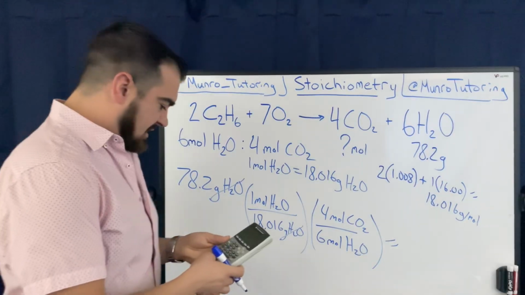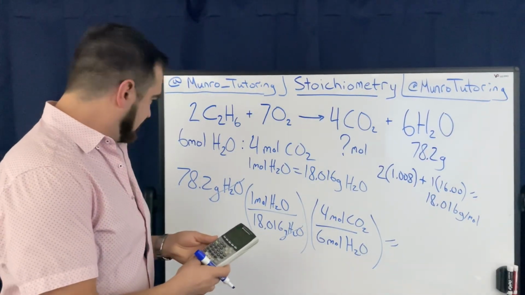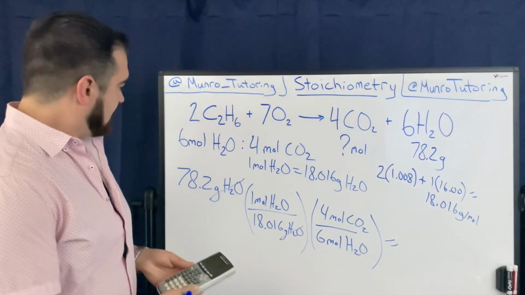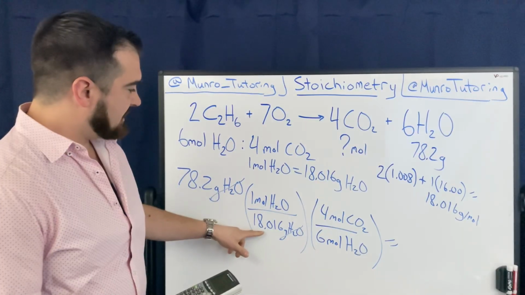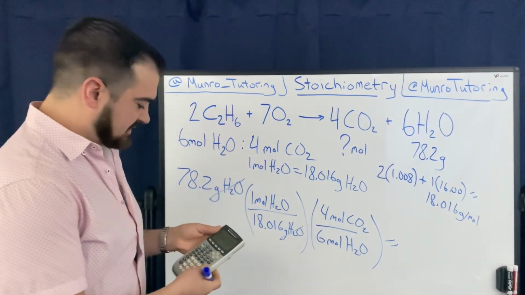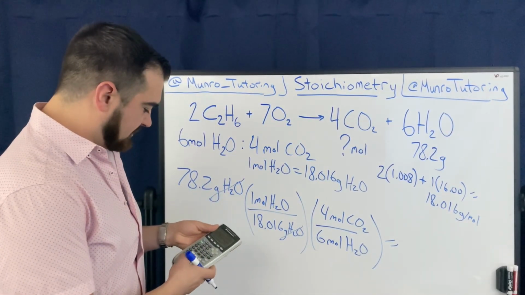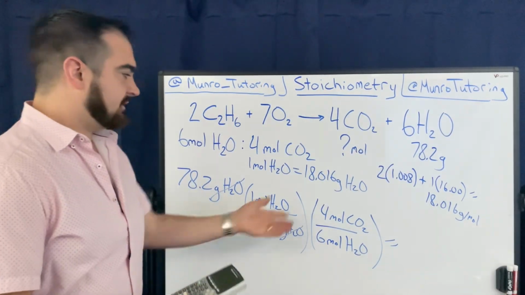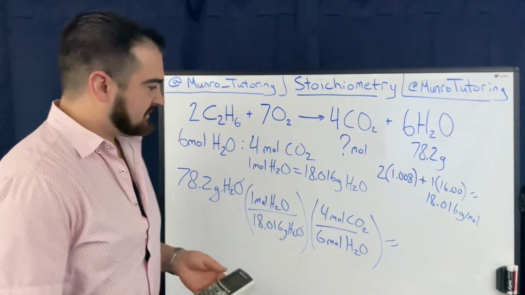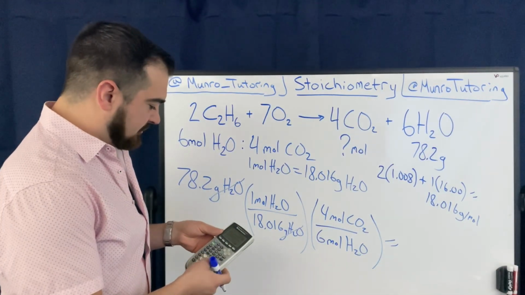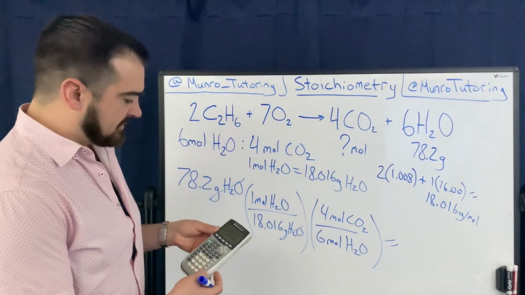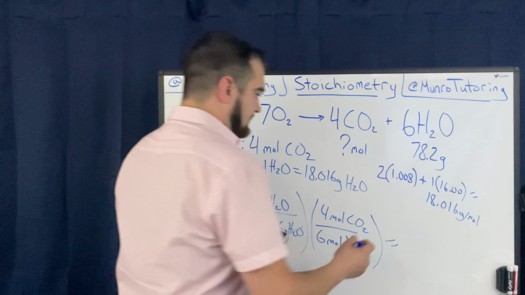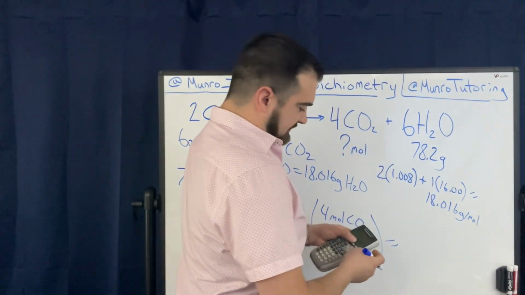So I have 78.2 grams of water. I'm going to divide that by 18.016. I always skip the 1, so I'm just going to hit divide by 18.016. And then I'm going to multiply, you can reduce this if you want, but it doesn't make a difference, right? So multiply by 4/6, just to keep things simple. And I get 2.8937.